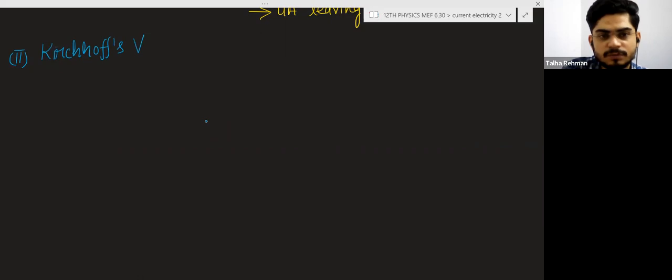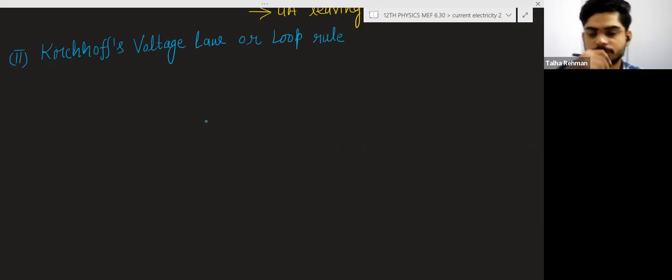Kirchhoff's voltage law, also known as the loop rule.